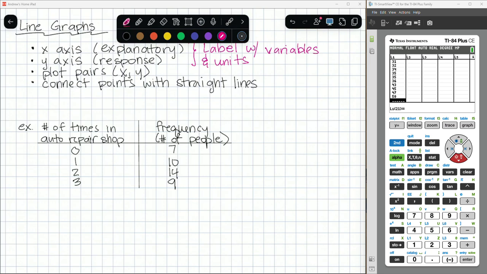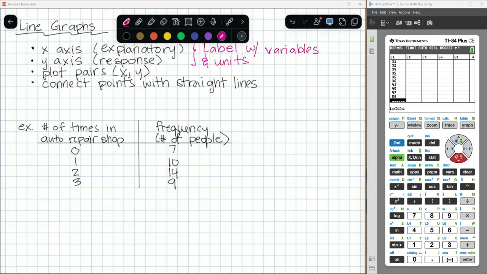And then we grouped them together. So the first column is the number of times that they've taken their car to the repair shop, 0, 1, 2, or 3. And then the frequency is the number of people that have taken their car to the shop that many times. So 7 people didn't take their car to an auto repair shop. 10 people only had to go once. 14 people had to go twice, and so on.